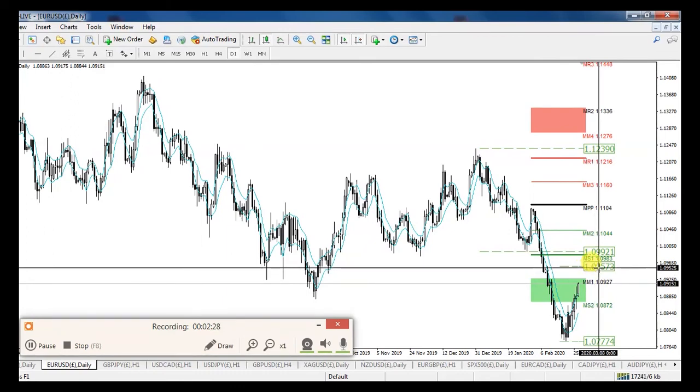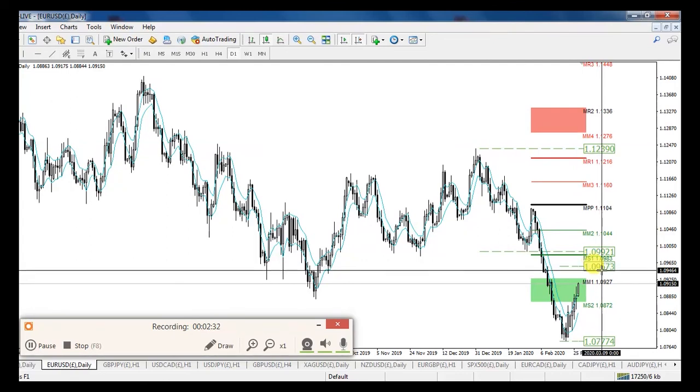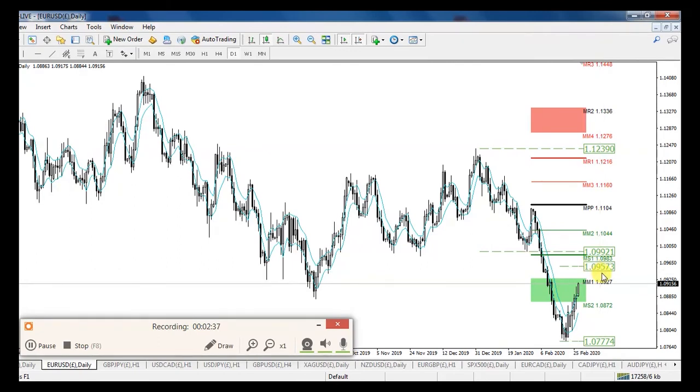So if you get on at about 05, and then ride it to 44 or 45, that will give you 40 pips. So with a 10 or 12 pip stop, that will give you a decent, more than 1 to 3 risk reward, which is pretty good.